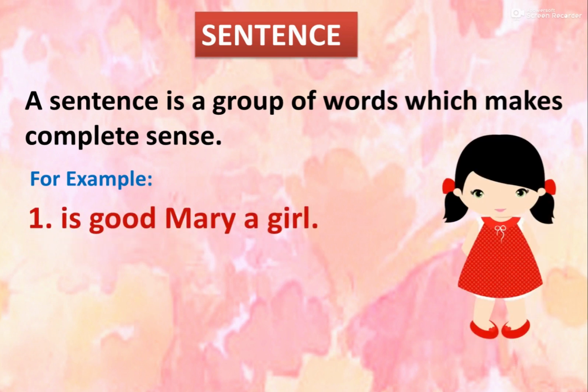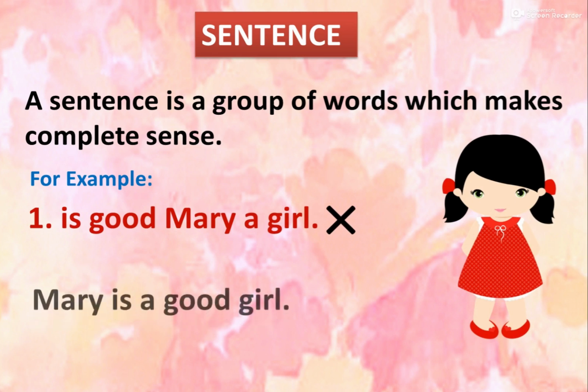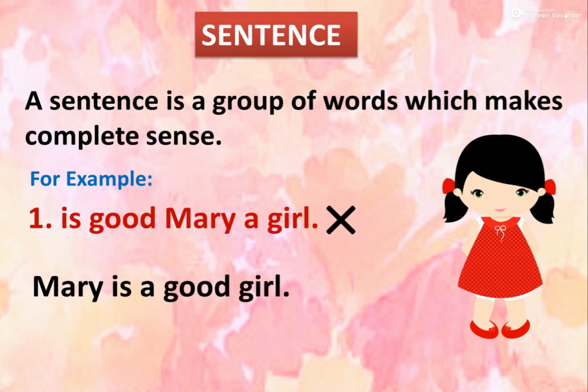Is this sentence correct, children? No, it's not, because this sentence has no meaning. But if we say "Mary is a good girl," this sentence is correct and meaningful because it is telling us that Mary is a good girl.